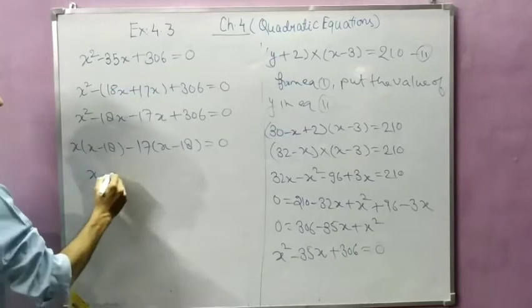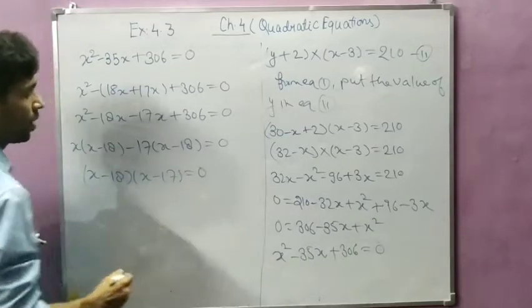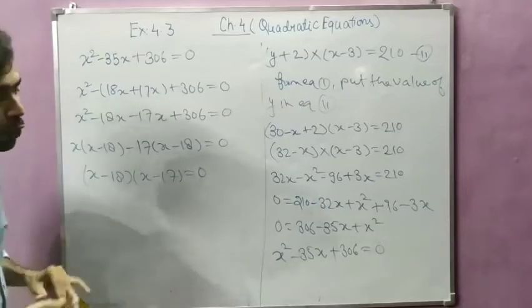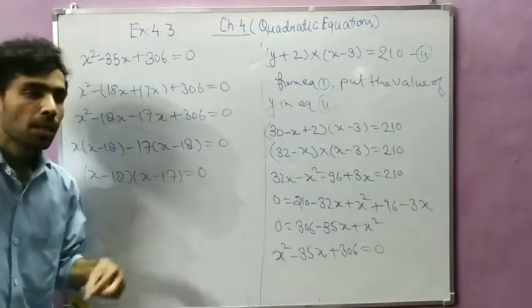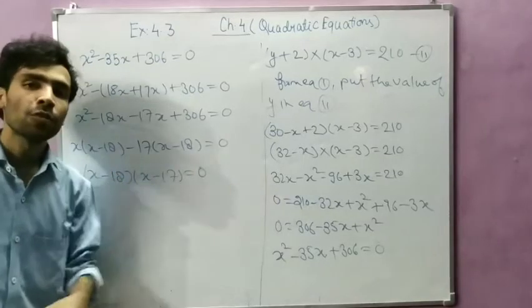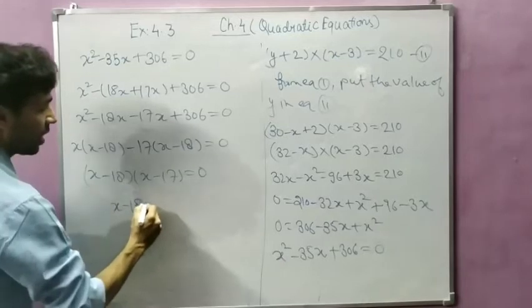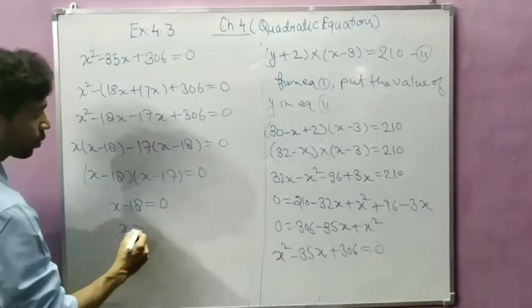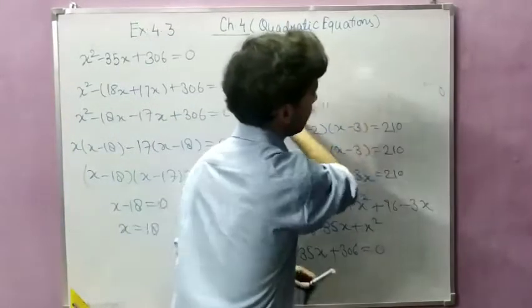Now x minus 18 and x minus 17 equal to 0. So we got 2 factors, my student. One by one we will equate them to 0. When x minus 18 equal to 0, we get x equal to 18.